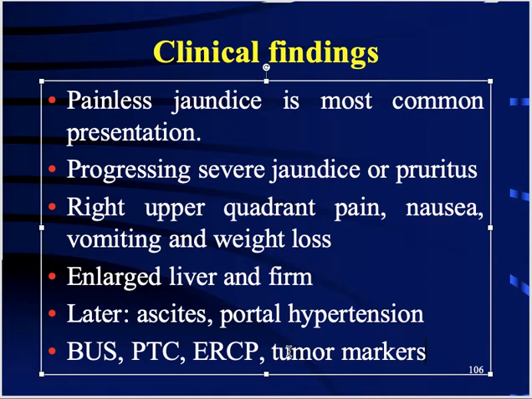Okay, and as you know about TNM staging, T is for tumor, N is for nodes, and M is for metastasis. Okay, so simply when the tumor is confined to the bile duct, it is T1, but when it invades beyond the bile duct wall, it is T2. Okay, and it increases similarly.